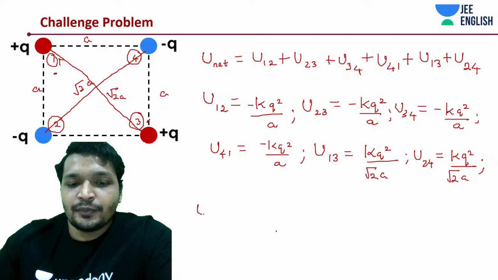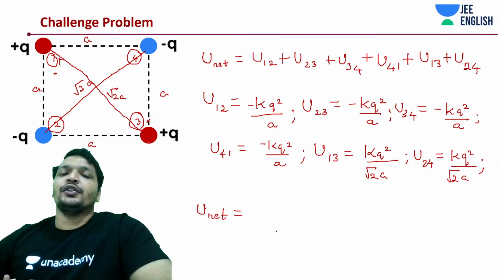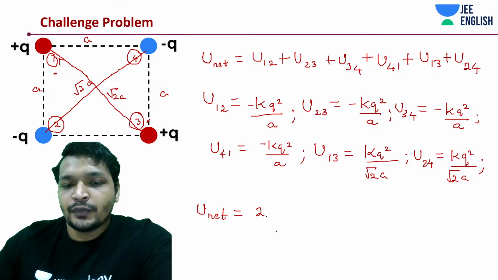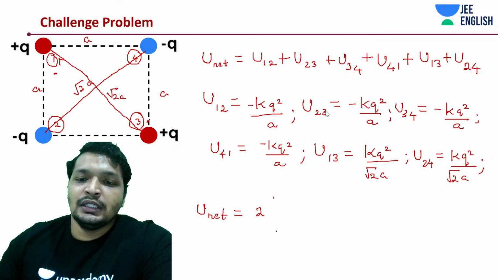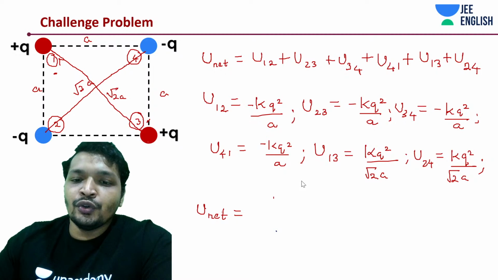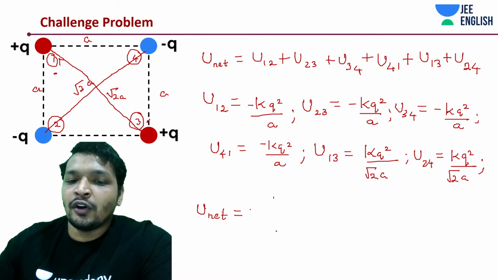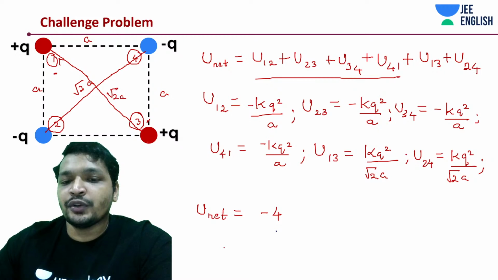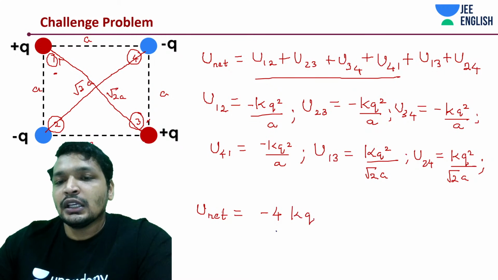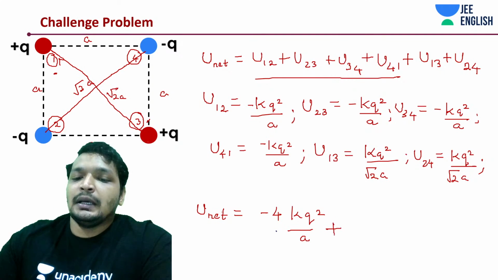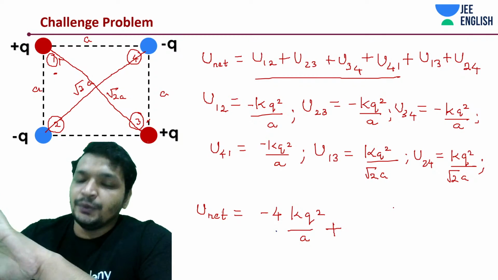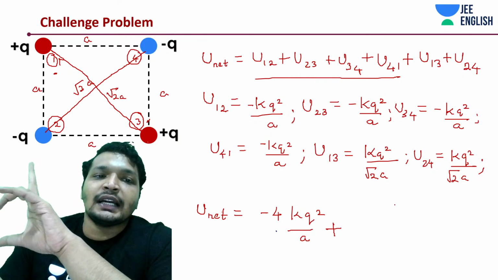Just add them up. This is what we need to do. What did you get? Let me write it down in order. So U12, U23, U34, all of them are equal. So if you add up these first 4 terms, what you get? Minus 4k q square by a. Then plus of U13 and U24, if you have noticed, they are also equal, even though the kind of charges that are interacting are different.